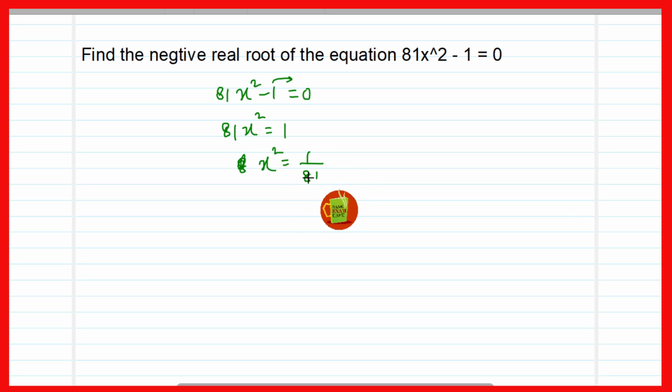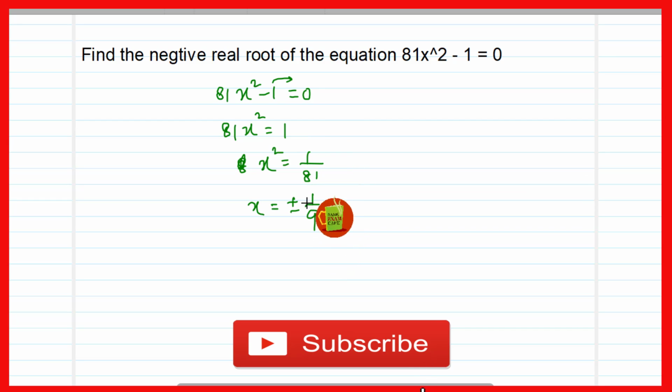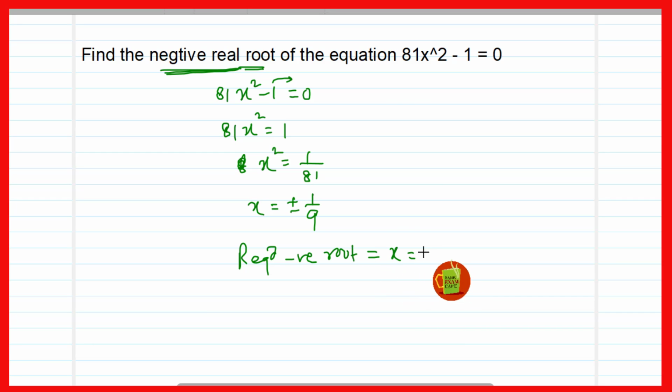Now take the square root of both the sides, so x is equal to plus minus 1 by 9. Square root of 1 will be 1 and square root of 81 will be 9. So the roots of this quadratic equation are plus minus 1 by 9. But we have to write only the negative real root, and so the required negative root will be x is equal to minus 1 upon 9.